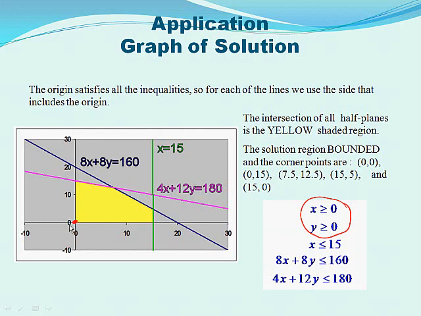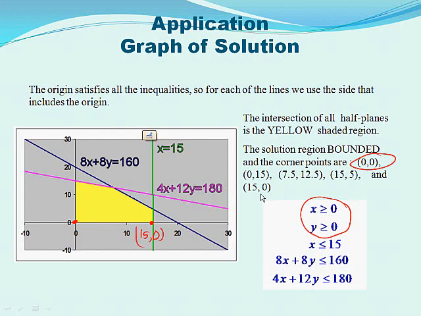One is at the origin with coordinates 0, 0. Then we have one up here, a point on the x-axis intersecting with the vertical line, so it will be 15 for x, 0 for y.